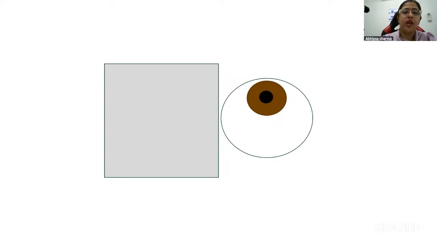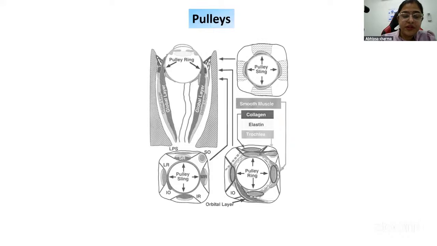Okay. Next we come to muscle pulleys. All the rectus muscles pass through a pulley system which consists of a sleeve or ring of collagen, elastic and smooth muscle fibers. This structure was previously known as the muscle sleeve. Basically these are the pulley rings, as you can see here. These are specific for all the rectus muscles, and the exception is the superior oblique, which has a rigid pulley, the trochlea.